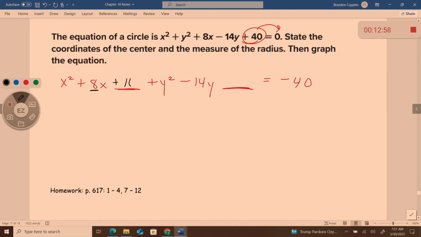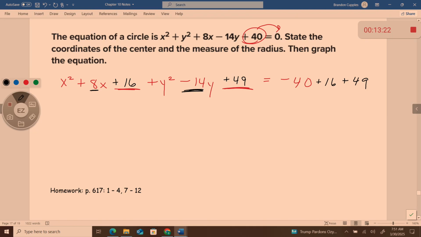Okay. If I take half of negative 14, I get negative 7. And if I square that, I get positive 49. Now remember, whatever you do to one side, you have to do to the other side. So if I add 16 here and add 49 there, that's how I can maintain equality, by adding the same amount to both sides.